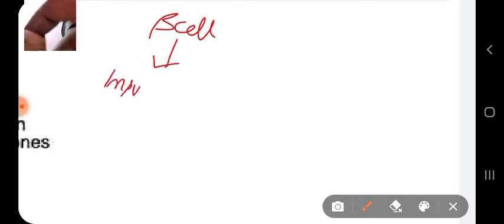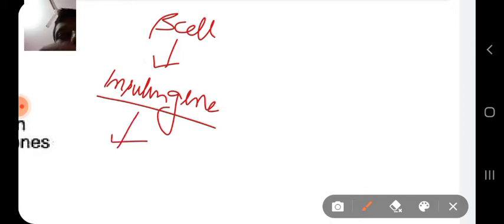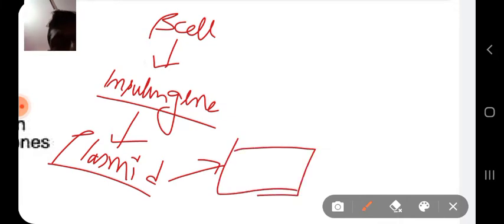That means the gene which will be expressed to form insulin protein, and this gene is now added to the plasmid of E. coli. So it is inserted into the plasmid of E. coli, and then this plasmid is introduced into the host cell.